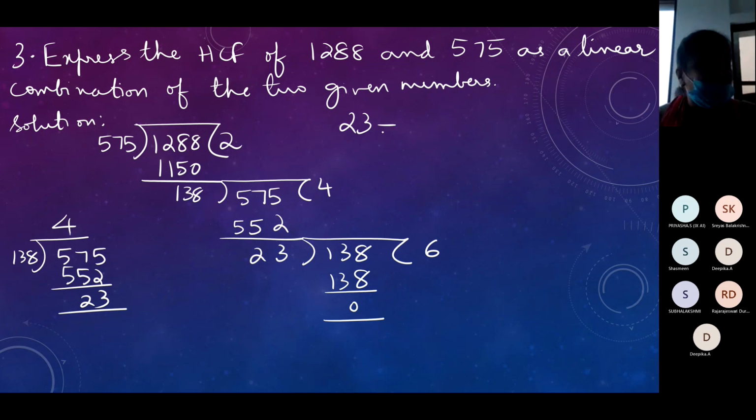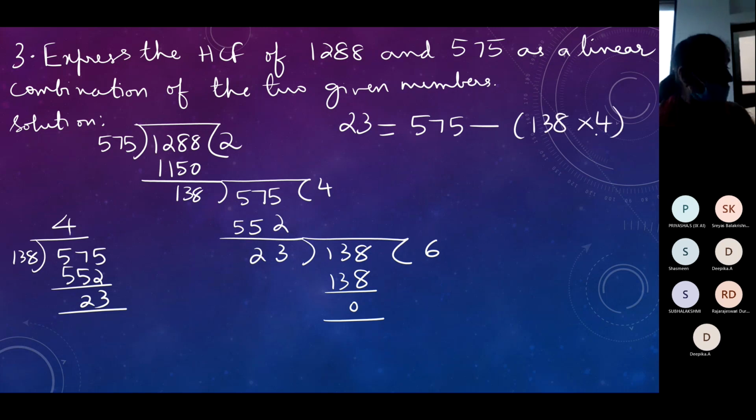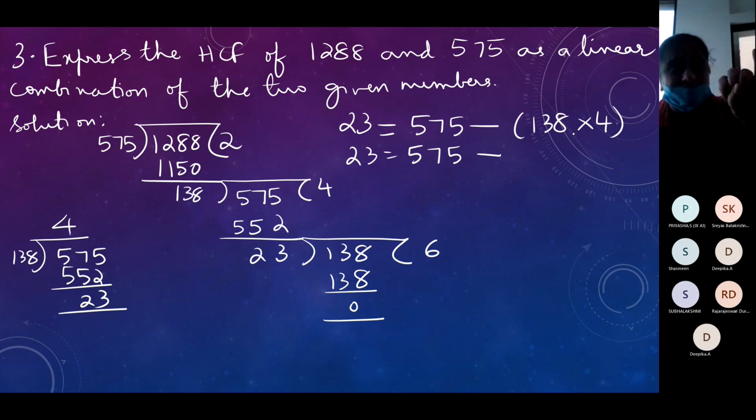So 23 is equal to 575 minus 138 into 4. Correct? Now which is the remainder again? We listed all the remainders. Which are the remainders? 138, 23 and 0.